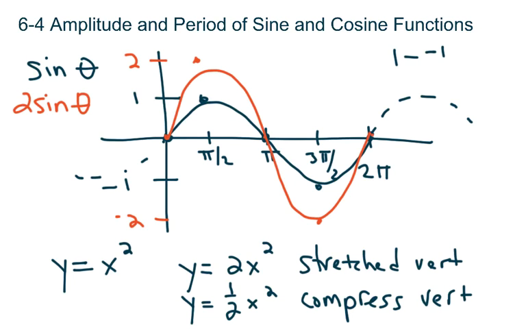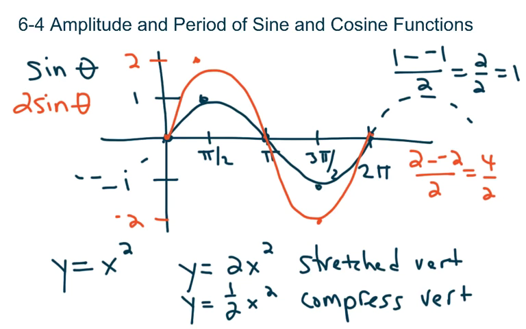The minimum is -1, and 1 minus -1 is 2, and 2 divided by 2 is 1. The amplitude of the original graph is 1. The red graph, 2 sine theta, is going to be max minus min divided by 2. Well, 2 minus -2 is 4, and 4 divided by 2 is 2.